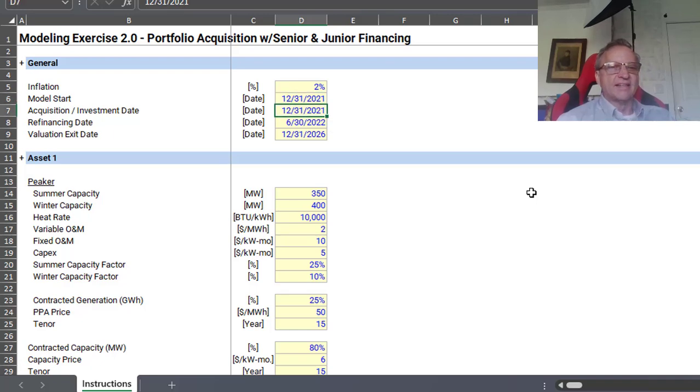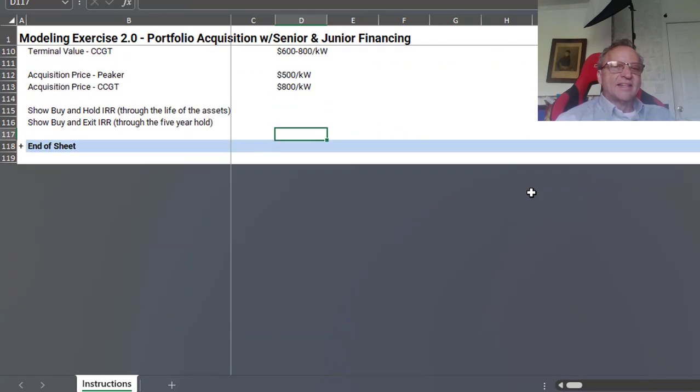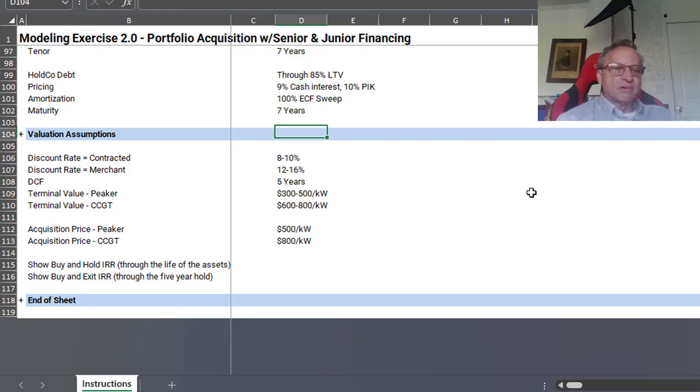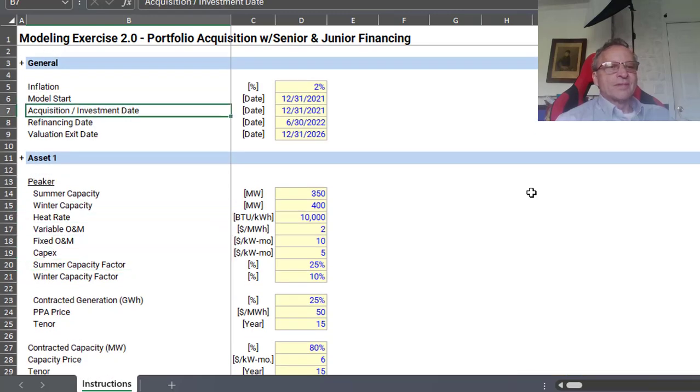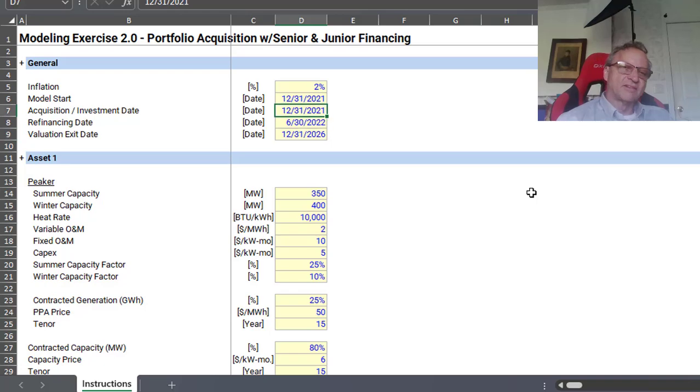That's never stated. But then you're going to have a refinancing and a valuation at the exit date, which I suppose they don't really say that that's the exit date or what's the life of the assets, do they? The 2026 can't really be the valuation, the exit date. Did I put that in? Okay. So that's the first thing.